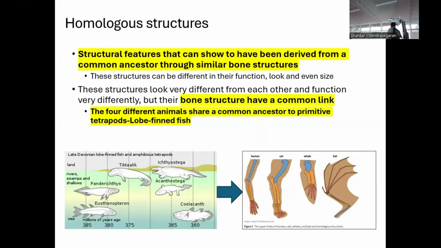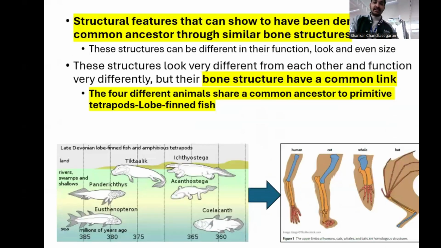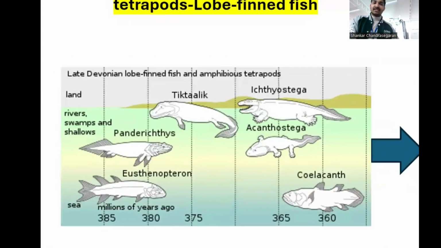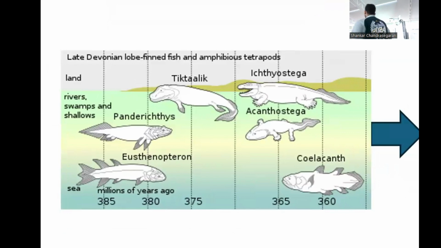And when we try to find a common ancestor between these four different species, we go all the way back to early tetrapods, right? Primitive tetrapods. These are basically the living things that were first theorized to be able to walk on land, right? So it's said that first lobe-finned fish were the ones that evolved these four limbs.